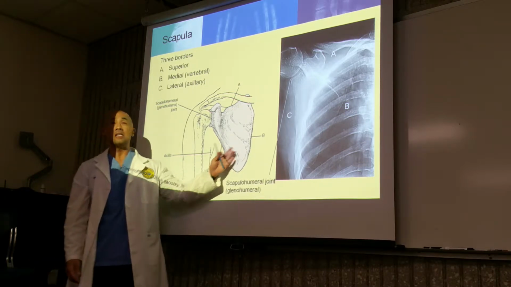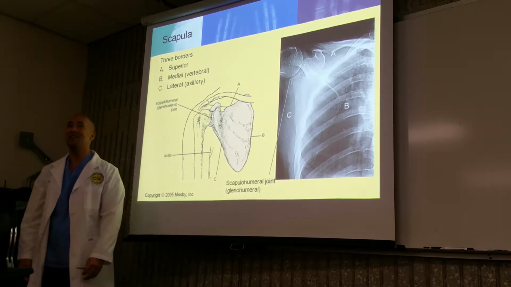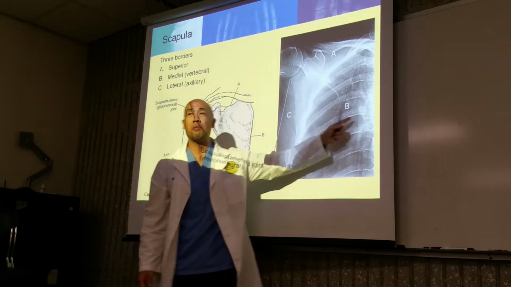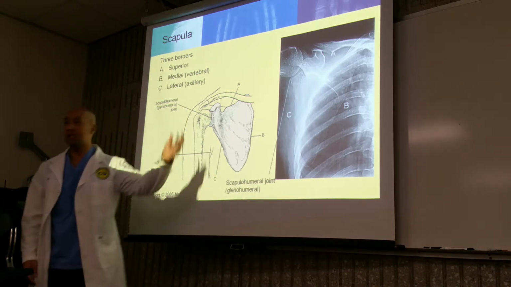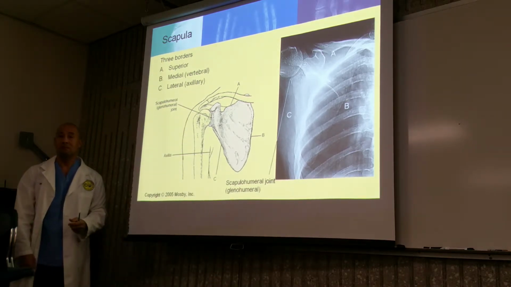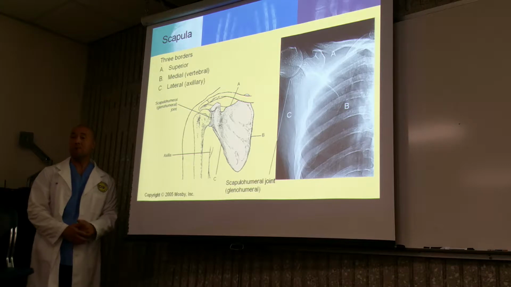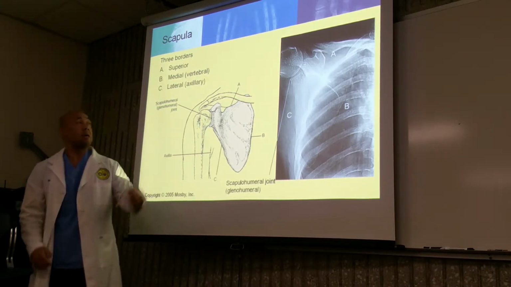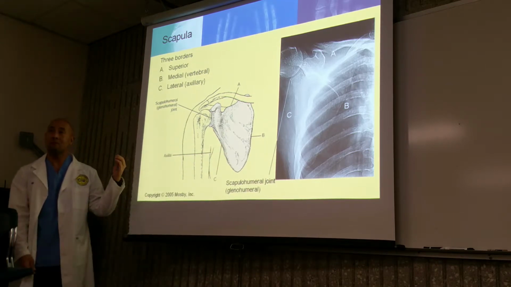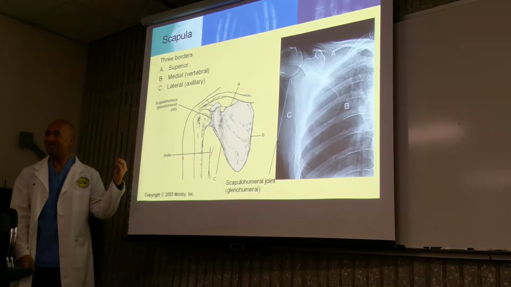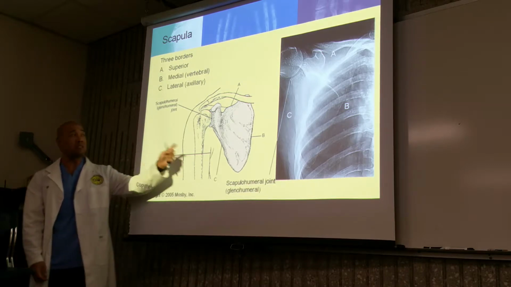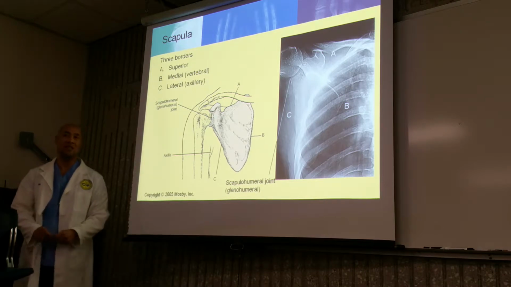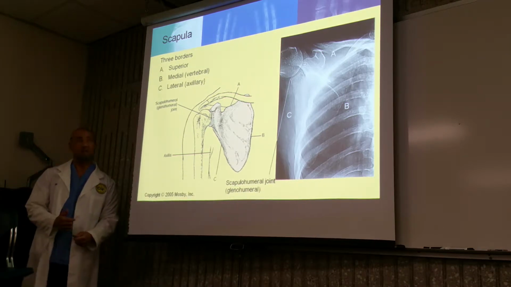The one that is medial is the medial border, but it's also related to its proximity to the vertebral column. So that would be called now what? The vertebral border. Okay? Then you have the most lateral, so it would be called what? Lateral. The lateral border. And because of its relationship to the armpit, or the axilla, it's called the axillary border.